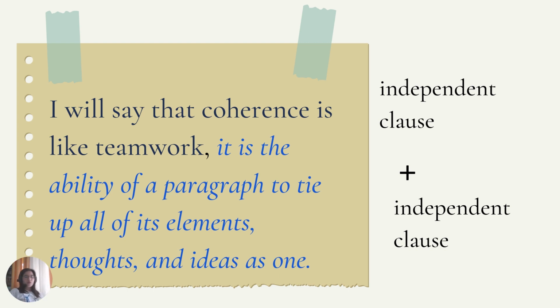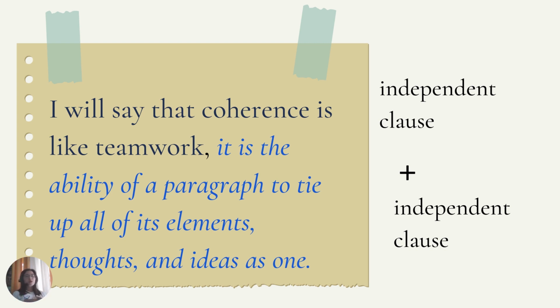You may be wondering when we are going to use a conjunctive adverb and when we are going to use a coordinating conjunction, since I use both in the same sentence. It's really up to the writer which one to use, since the writer is the one who can identify the relationship between these two independent clauses.